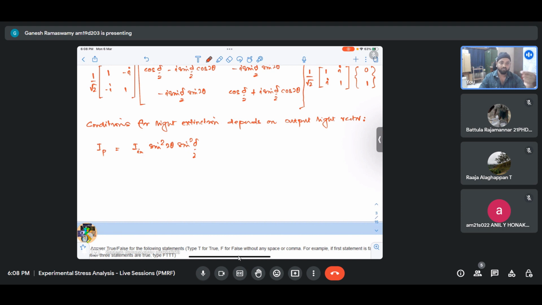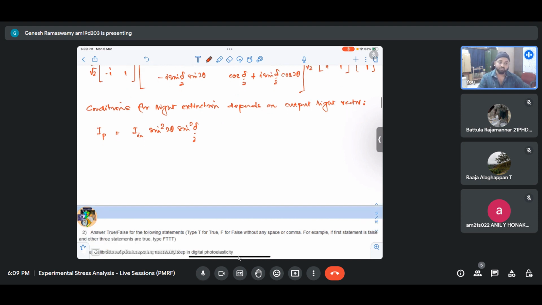But we saw that there is a difficulty because isoclinics and isochromatics both get superimposed over one another, and we cannot distinguish between the two unless we have some different light source or we load it slowly. There are certain methodologies with which we can distinguish, but for quantitative analysis, it is always better to have them separated. So one way to separate that out is we take out the directional dependence. This has the directional dependence.